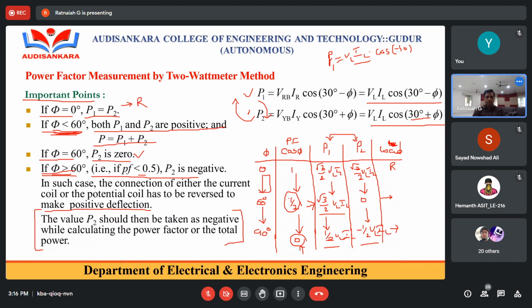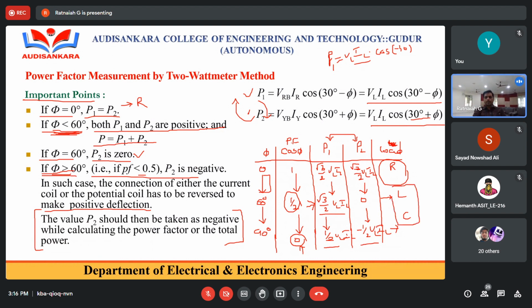Okay. Sir, what is the nature of load, sir? At 90 degrees. Right. Generally, if both the wattmeter readings are the same, then we can have a resistive load, obviously. Resistive, sir. Right, resistive. But for an inductive load or a capacitive load, we cannot judge directly over here.